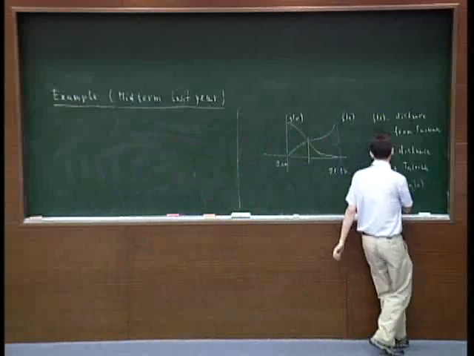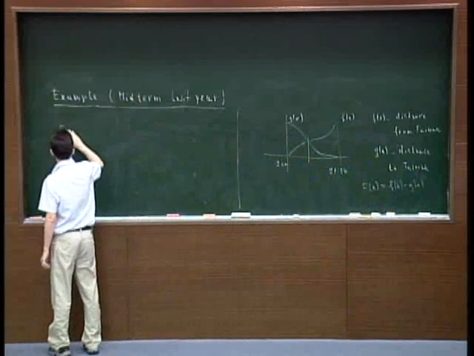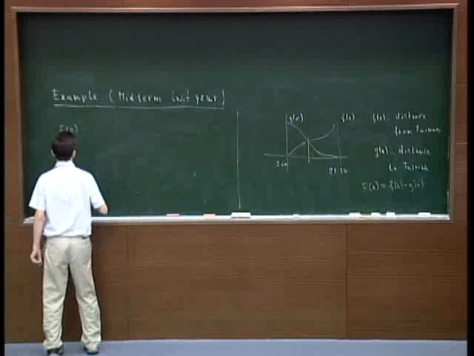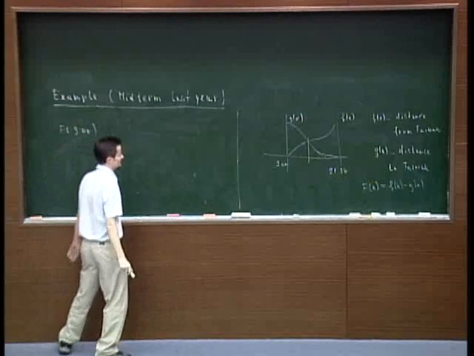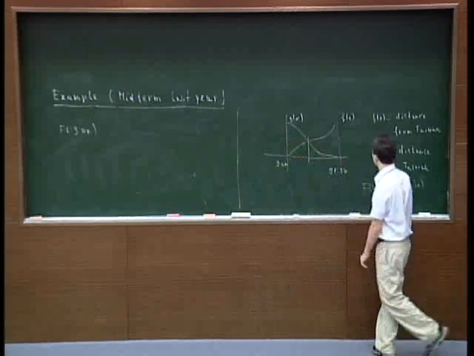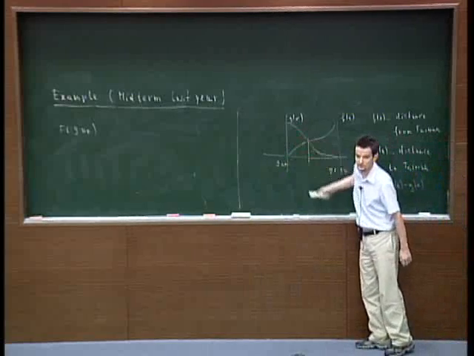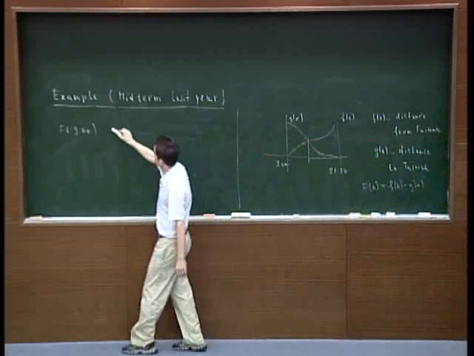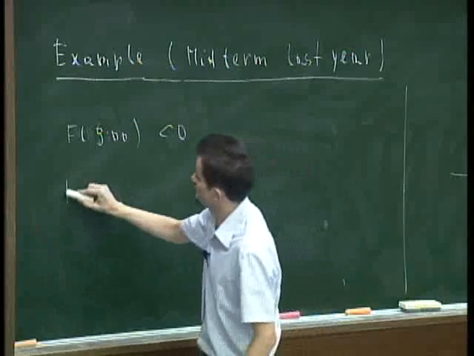Now you see that if you look at f of 0, or f of 9 a.m., at this point here, this function is 0, but this function is the distance between Taiwan and Austria. So this is negative.